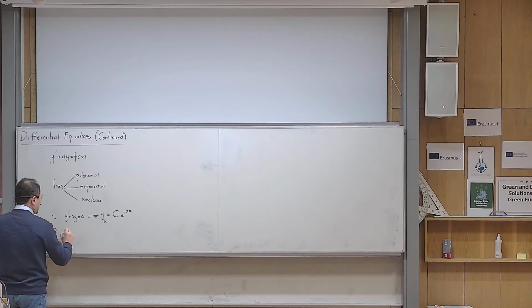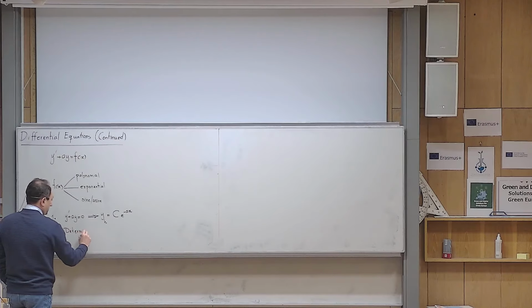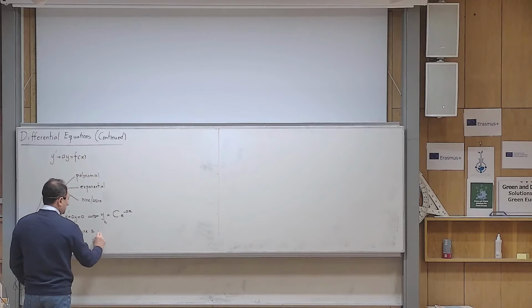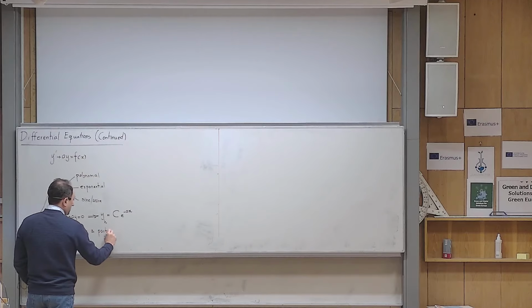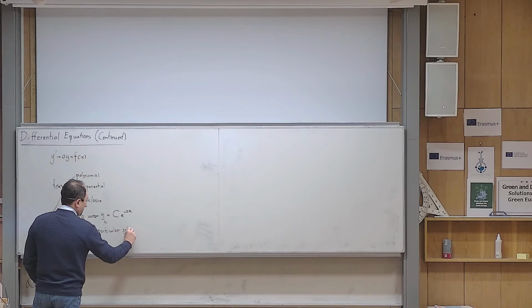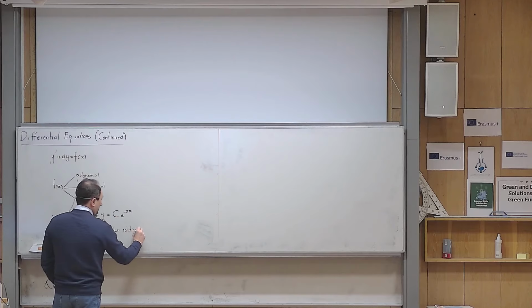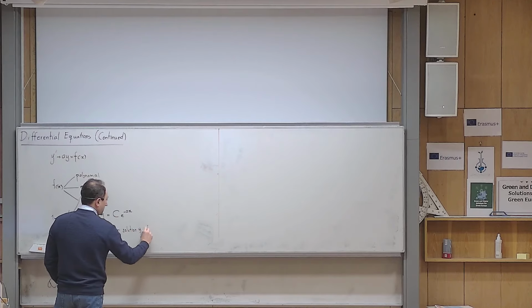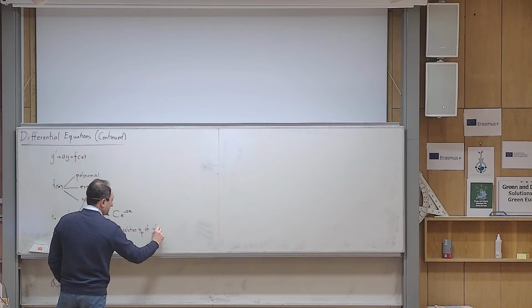And number two, we find a particular solution, which we call y sub p, of the original differential equation.